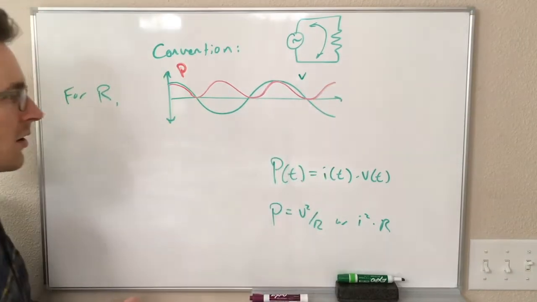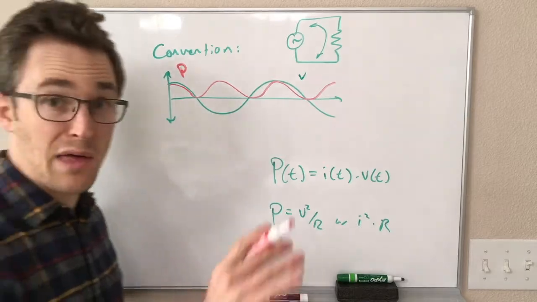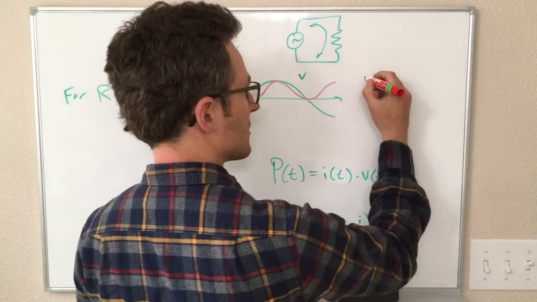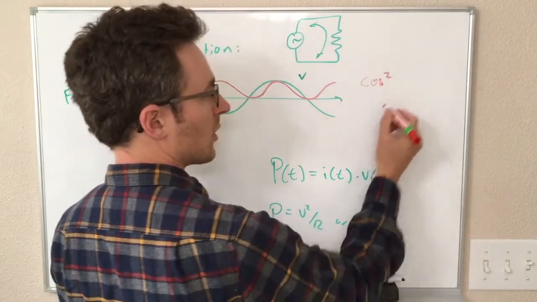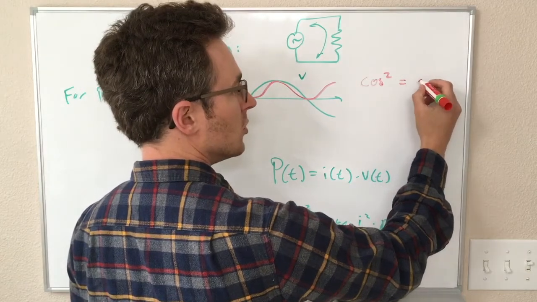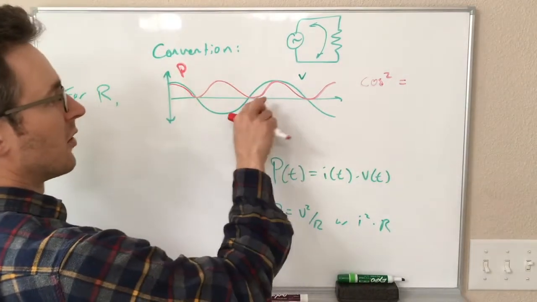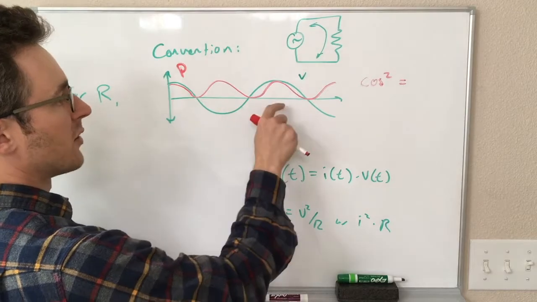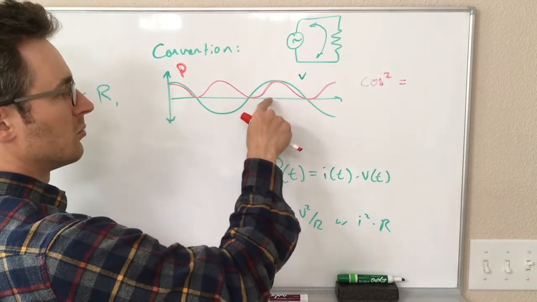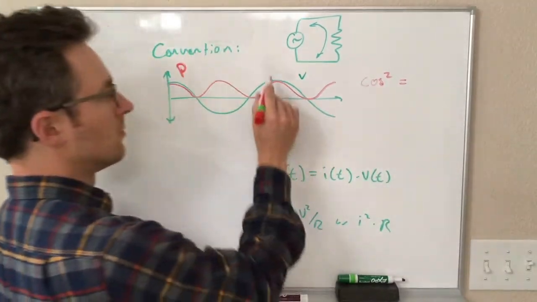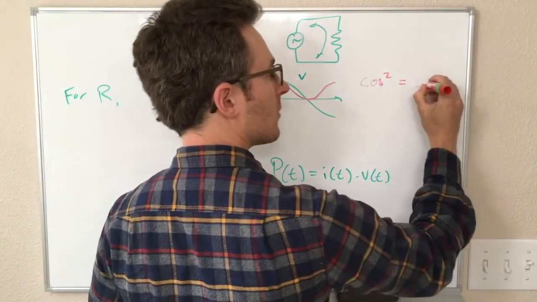It turns out that cosine squared, this is just a math thing, this doesn't have anything to do with the physics right away. Cosine squared function is equal to a cosine function that is twice the frequency and shifted up, so it's only between 0 and 1, or 0 and the max.